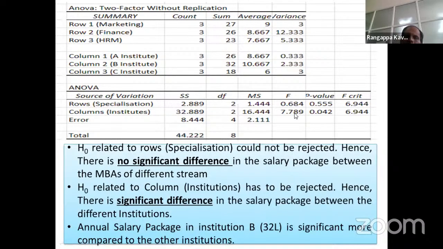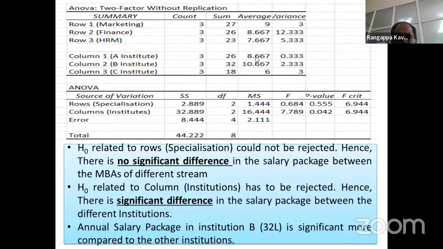Therefore, since the calculated F value is greater than the critical value, we can reject the null hypothesis here. The null hypothesis stated that salary is equal between institution A, institution B, and institution C. But the alternative hypothesis was not equal to. That means there is a significant difference in the salary package between the different institutions.